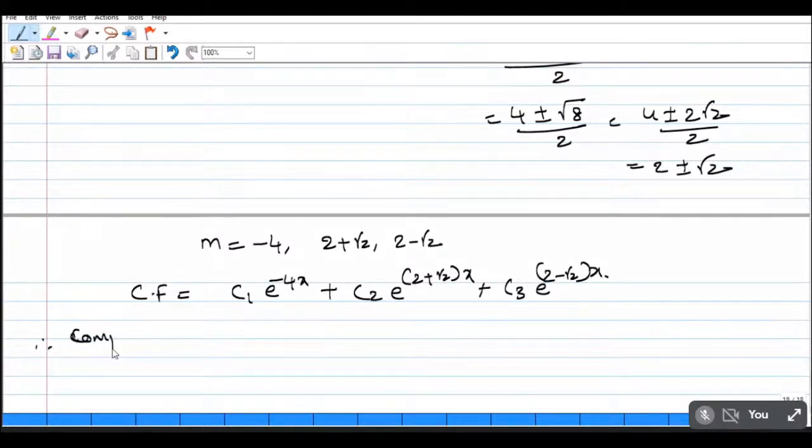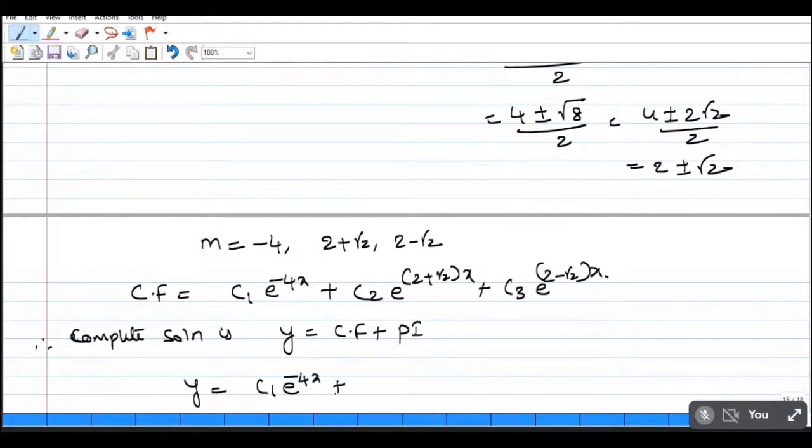Therefore, complete solution is y equal to complementary function plus particular integral. Therefore, y equal to C1 e power minus 4x plus C2 e power 2 plus root 2 x plus C3 e power 2 minus root 2 x.